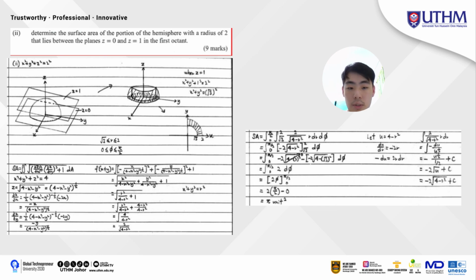Later, we use the equation of surface area. First, we need to solve for the integrand. Later, we use the integrand and the intervals we found before to do the integration, and then we get the answer, which is pi units squared.